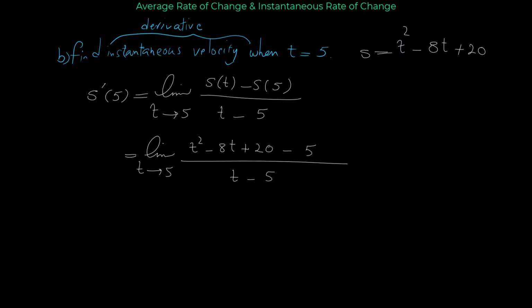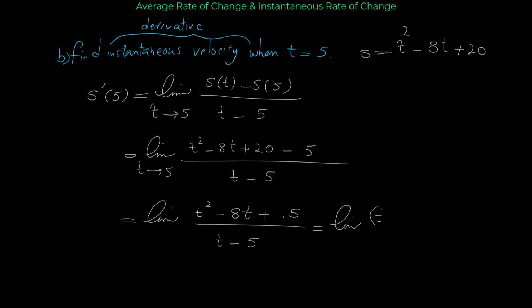20 minus 5 in numerator is 15, so we have limit of t to the 2 minus 8t plus 15 over t minus 5. Simply, if you factor numerator, it is t minus 5 times t minus 3 all over t minus 5 when t approaches 5.